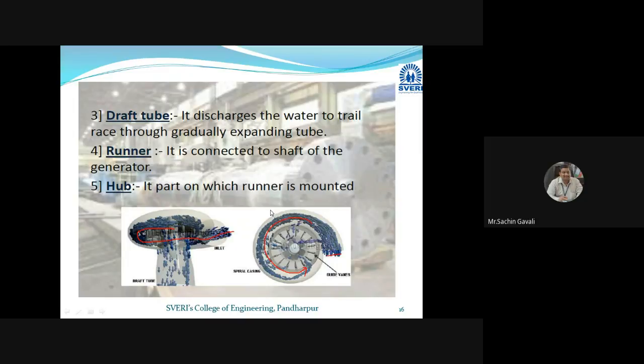So draft tube is a varying diameter, tapered kind of tube, where the diameter of the draft tube goes on increasing towards the outlet, and as the diameter goes on increasing, velocity goes on decreasing. In the draft tube it is exactly opposite to a nozzle.